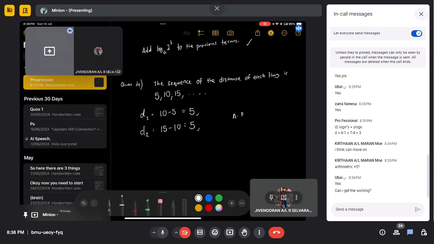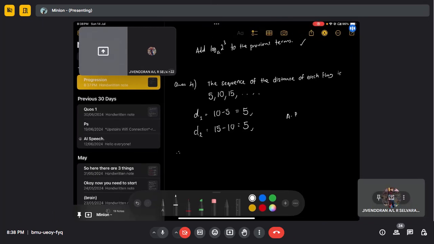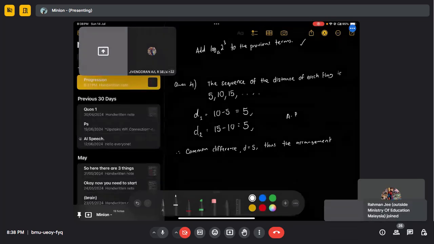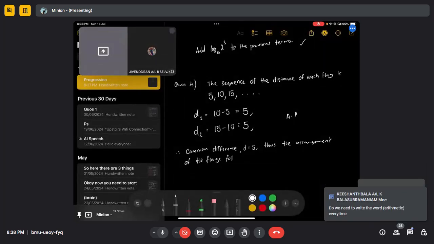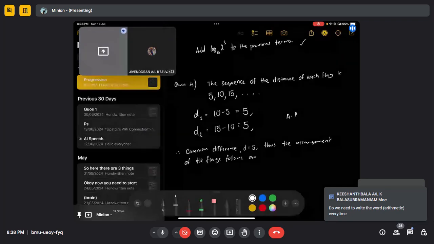But if they ask for justification, you have to write it out. Common difference is 5, thus the arrangement of the flags follows an arithmetic progression.